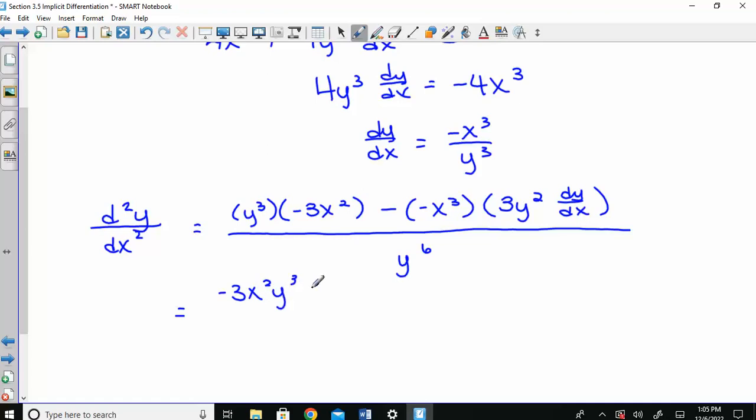Okay. So that's negative 3x squared y cubed plus 3x cubed y squared. But what is dy dx of that? I can put in a negative x cubed over y cubed.